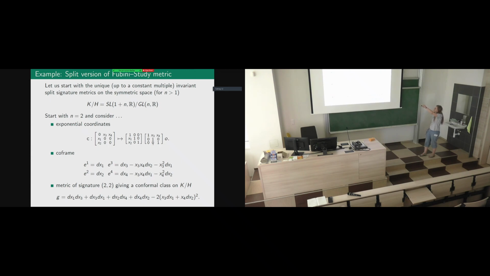So here is this, you know, this is SL3, and if you factorize over GL(n), this is precisely what remains here, and we decompose this very naturally like this and like this. Then we consider this coframe, and the metric of signature 2 giving us the conformal class looks like this.